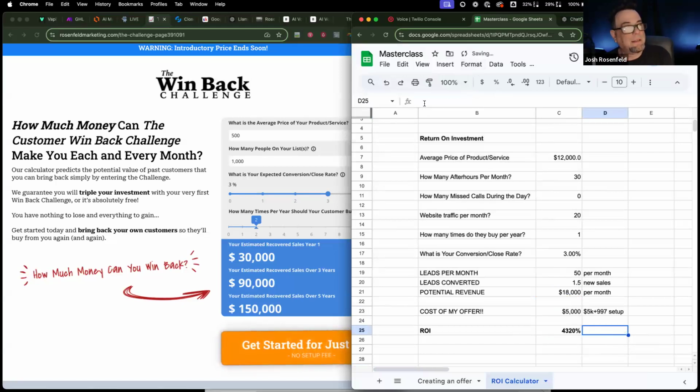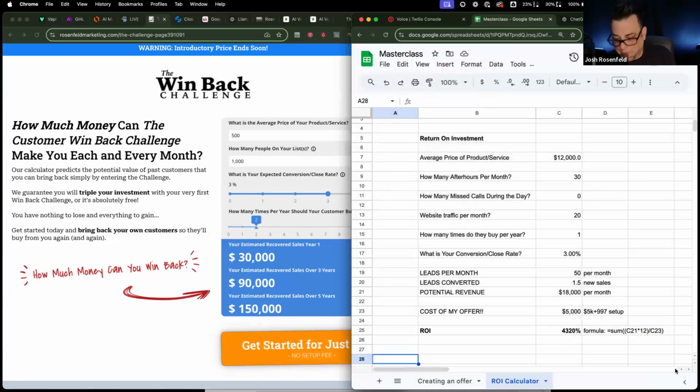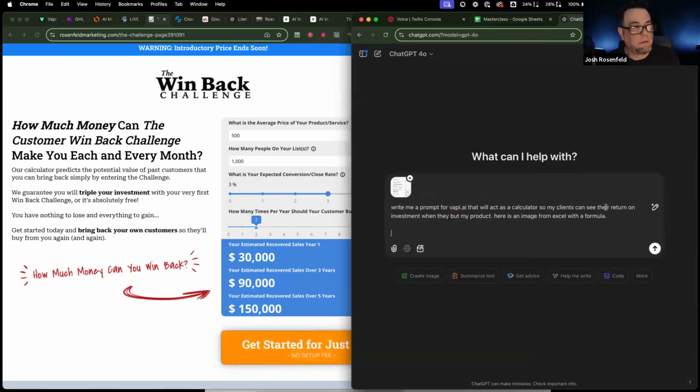Wait, I want to paste it in as formula. Okay. So now I'm going to take a picture of all of this with the numbers and the letters on it. I'm going to copy this screenshot. Now, I don't know if this will work, but I'm going to guess it will. Paste. Okay.